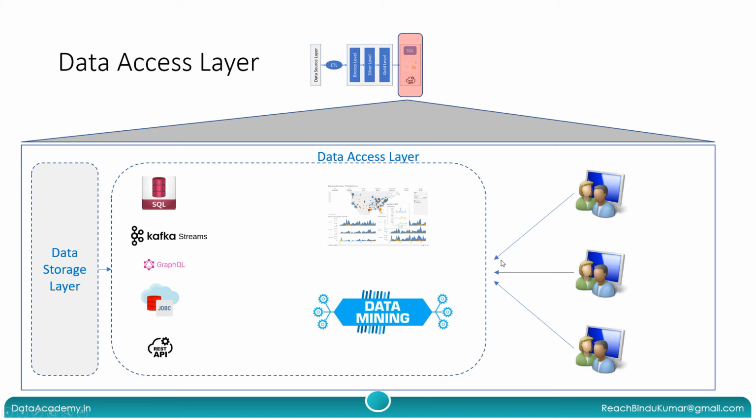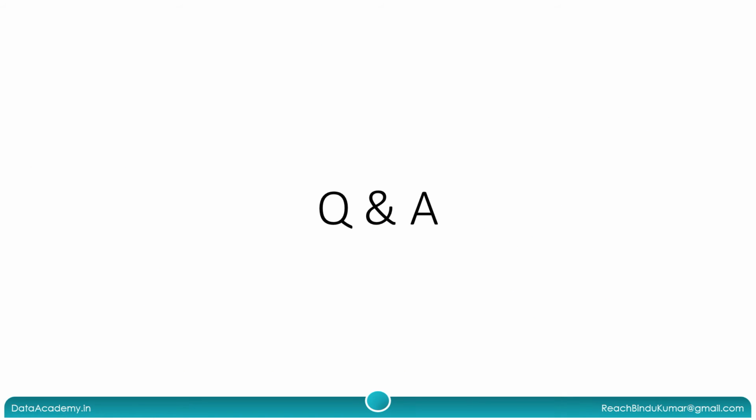Only people from the sales department can look at the sales information, and no one else, and so on. All those kinds of rules are usually enforced in the data access layer. So the data access layer is not only about the interfaces, but also about authentication, authorization, role level security, and so on. Any questions so far?